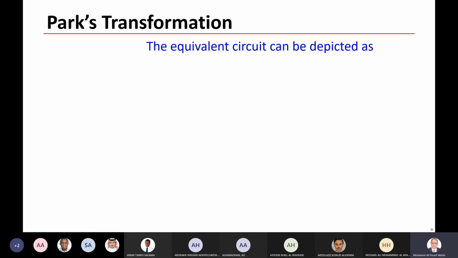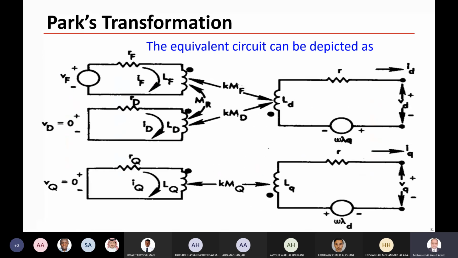So based on these equations, we can develop the following equivalent circuits. This is the D-axis equivalent circuit. This is the Q-axis equivalent circuit. And this is the field winding. This is the damper winding in the direct axis, and this is the damper winding in the quadrature axis.